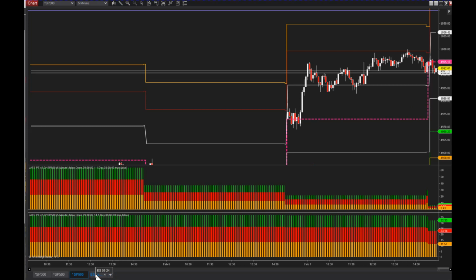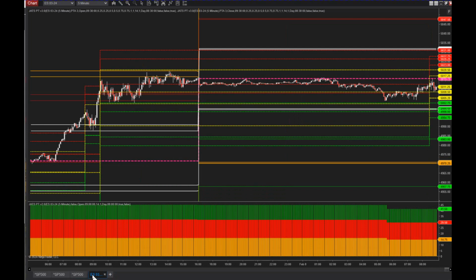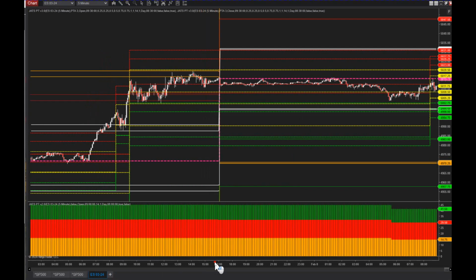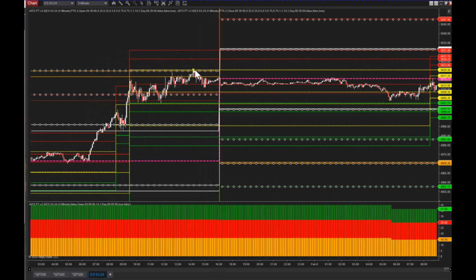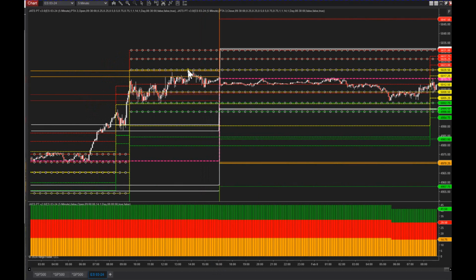It was pinned yesterday. But you can get the JATS volatility indicator, apply these points and levels to your instruments. Here is the ES, came up to the daily 3, which was confluenced with that 1 hour IB 1.